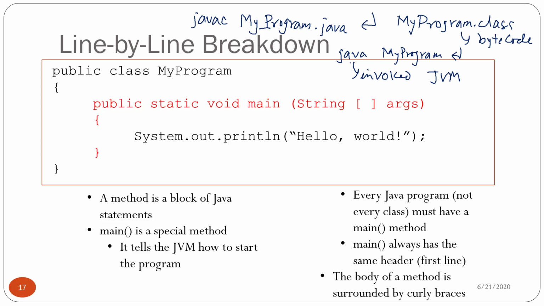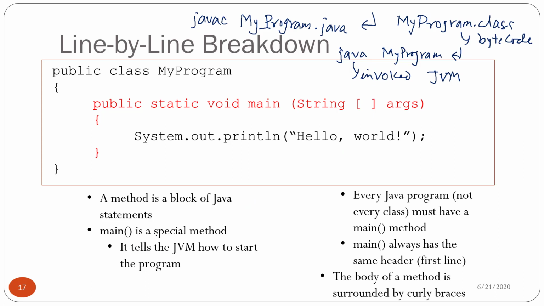Now JVM will look for the main method in your program and will start running your program from the main method. So right here, when you said java myprogram, this is where JVM will start looking for the main method.